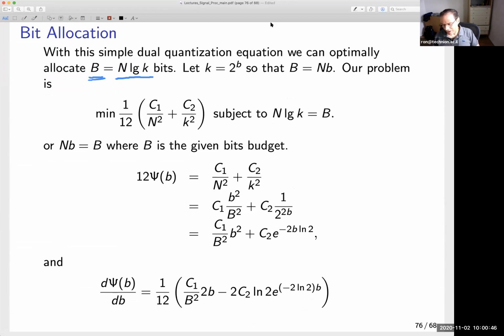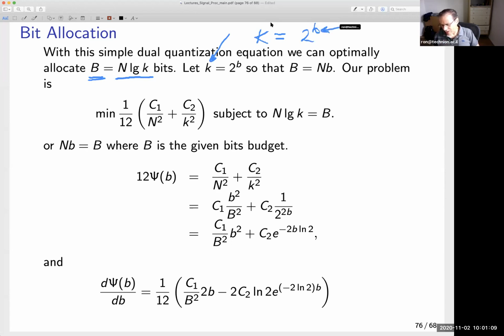And therefore, what we can do is write, if I'm looking at the number of bits that I'm giving k, I can say that k would be 2 to the power of b, where b is the number of bits that I'm giving k.